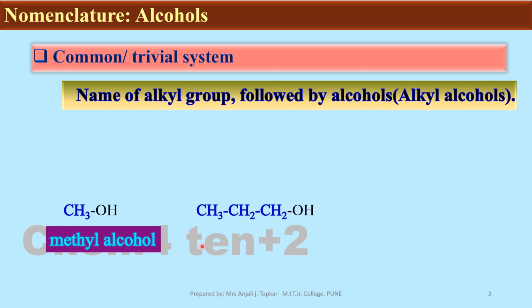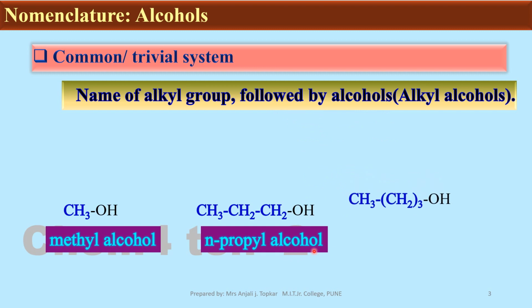Let's see another example. In this case, we find the alkyl group, that is propyl, to which the OH group is attached. So first we have to write down the name of this alkyl group, and it is to be followed by alcohol. So the name of the compound is n-propyl alcohol.